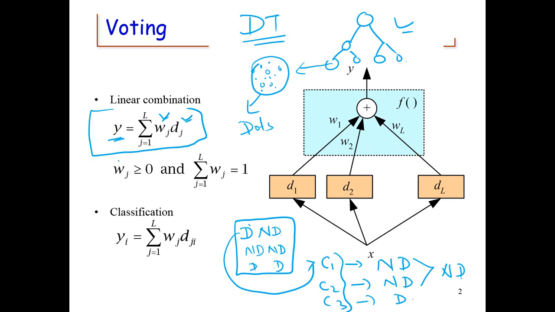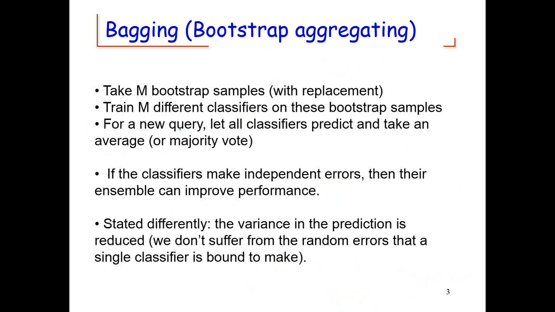The weights should always be greater than 0, which is expected, and the sum of the weights is always 1, because the probability or the proportion should always sum up to 1, right? And that's the way you will classify your data. What you get here will tell us what exactly should be the outcome of this classifier. This will take into consideration the outcomes from multiple decision trees. So that's the idea here.